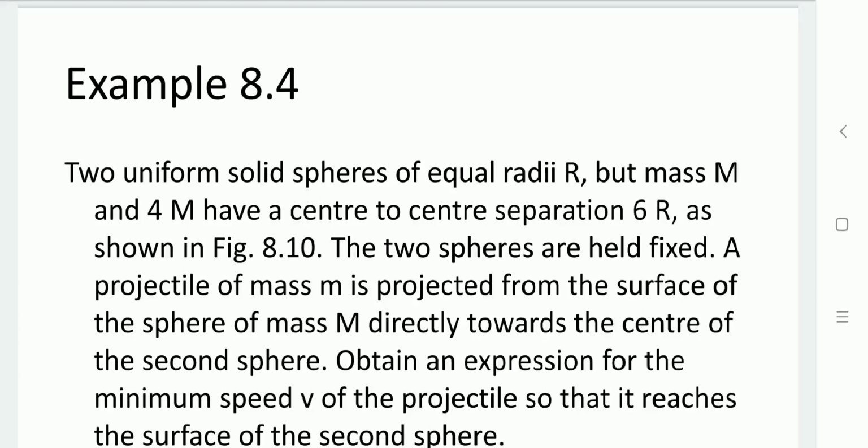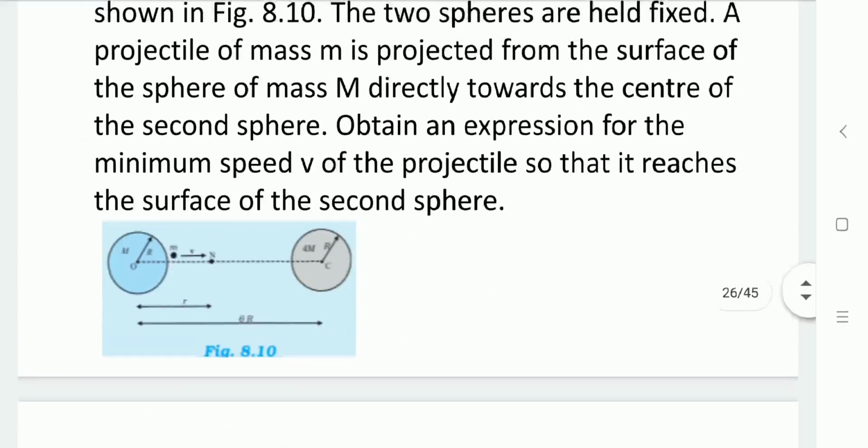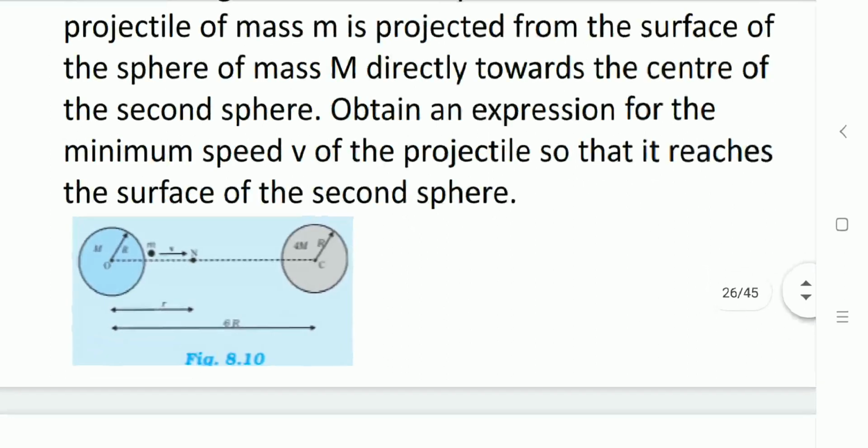A projectile of mass m is projected from the surface of the sphere of mass M directly towards the center of the second sphere. Obtain an expression for the minimum speed v of the projectile so that it reaches the surface of the second sphere. As you can observe in the diagram, two objects are there.